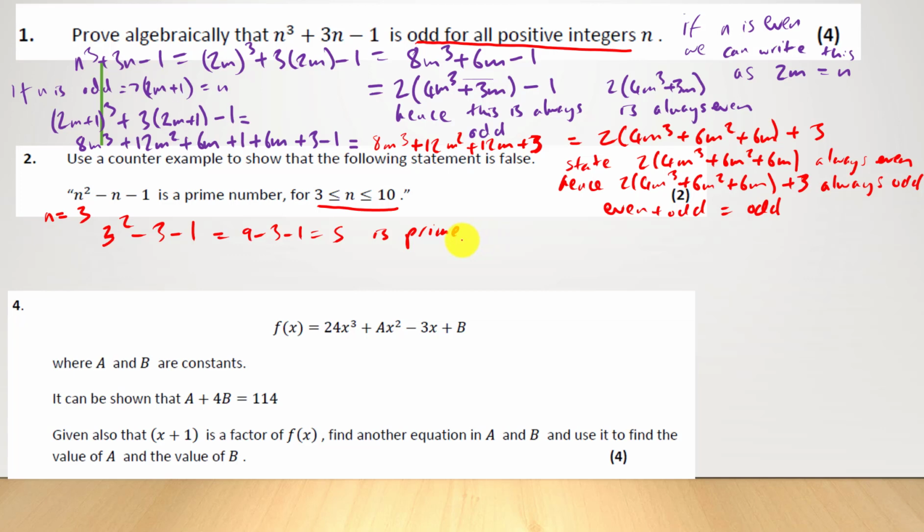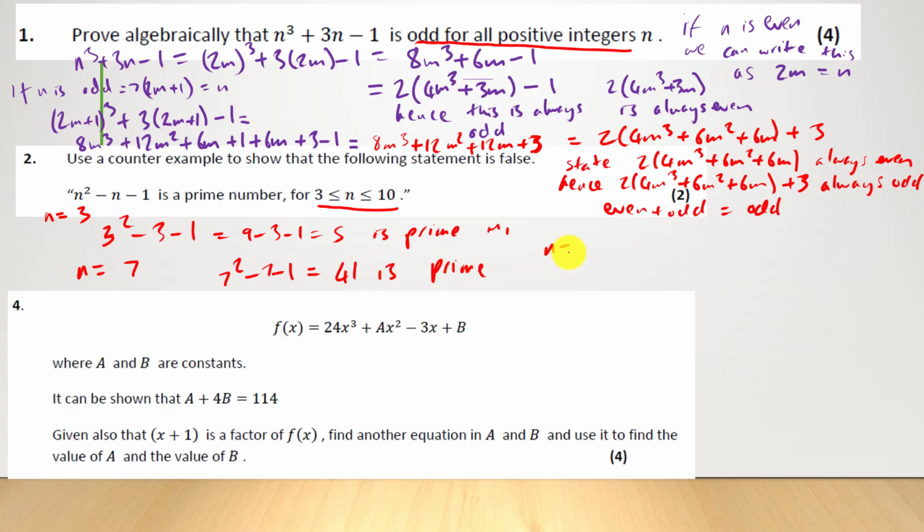But try a number when trying to get it not prime, and then you might have to try more than once, but that's fine. Remember that will get you a method mark. Let's try n equals 7. So 7 squared minus 7 minus 1 equals 49 minus 7, 42, minus 1 is 41. That's still prime.